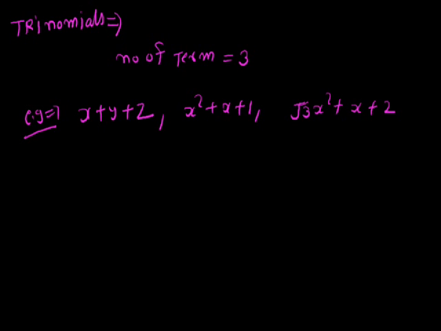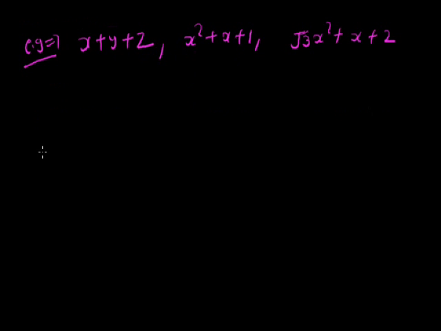Now we come to our classification on the basis of degree of the polynomial. So we have already classified polynomials on the basis of the degree. So first of all we come to the first category in the degree. What was our first on the basis of degree? So what was our first polynomial which you defined? It was constant polynomial.